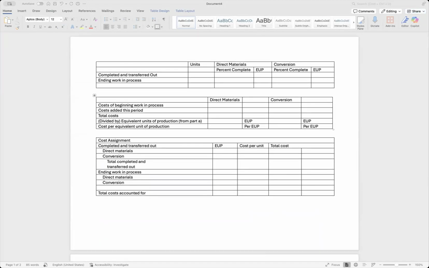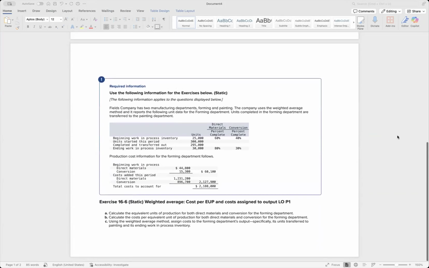Okay. So going back to the question, if you look at it, it says that for our Foreman department, our beginning work in process inventory is 25,000. Our units started this period are 300,000, and our units completed and transferred out are 295,000.